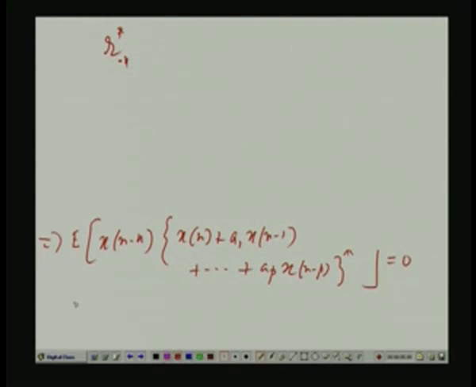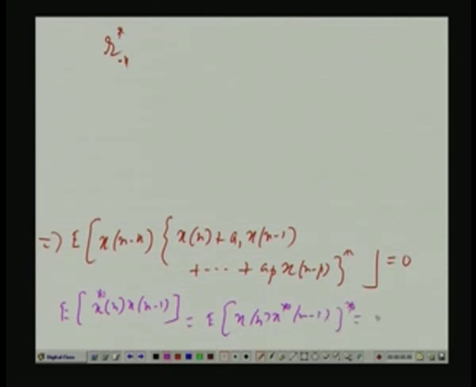You all know this, but still for your sake I am saying what is the first term? x star[n] x[n-1], which you can also write as E of, I made a mistake there, x star[n-1] star.